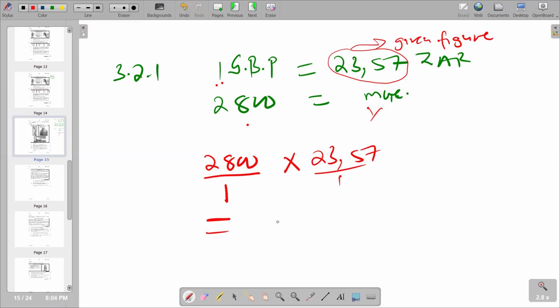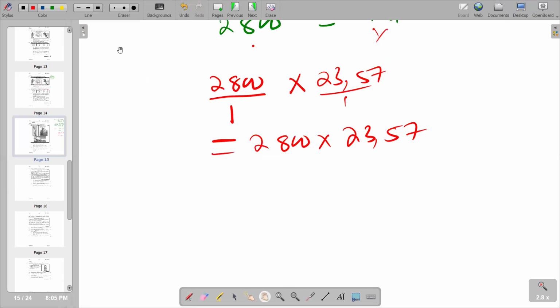Simplified further, it becomes 2,800 multiplied by 23.57. Simplifying further by calculating 2,800 times 23.57, you are going to get your answer. Round it up to two decimal places.